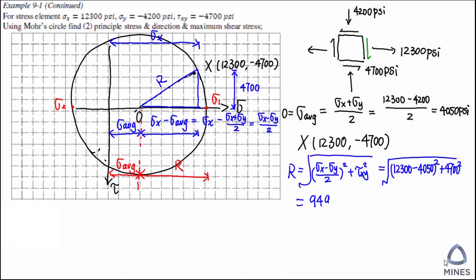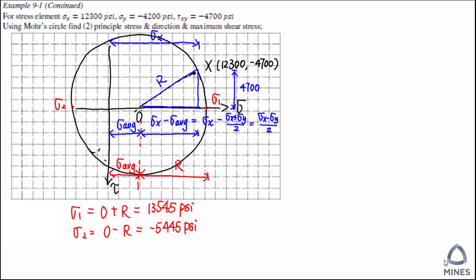And finally, we find out the radius of the Mohr circle will be 94.95. Okay, so we will be able to obtain sigma 1, which will be the center of the Mohr circle plus the radius.